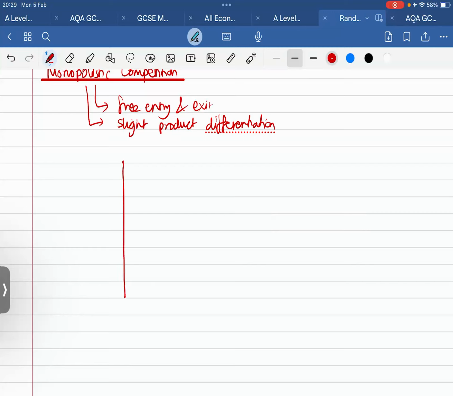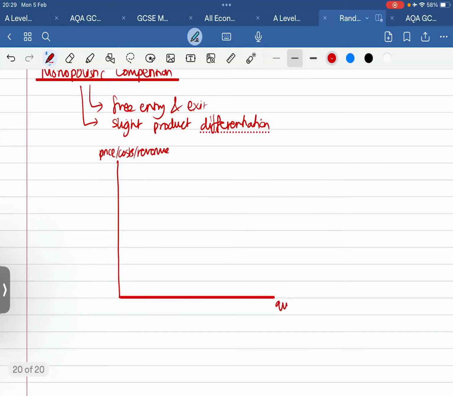What we have to begin with is an outcome similar to a monopoly. So we have price, costs, revenue, quantity. I always start with my AC curve quite high up the page.